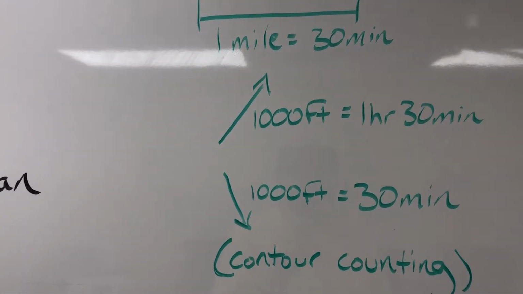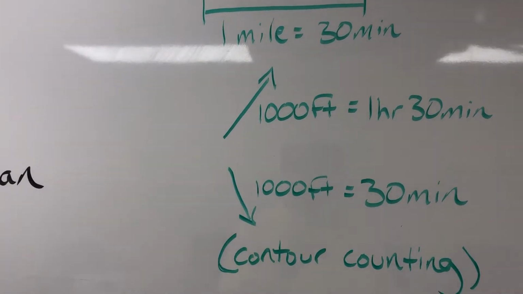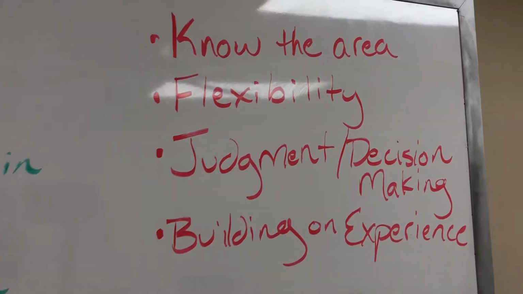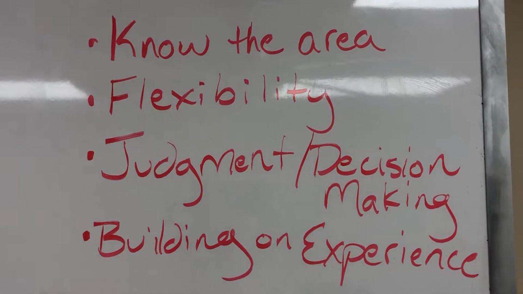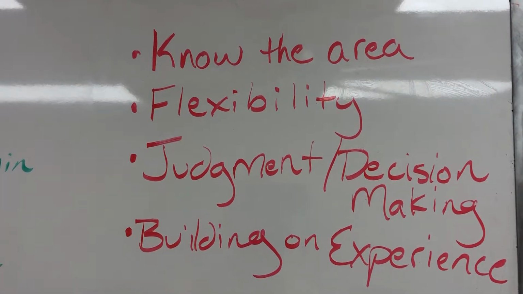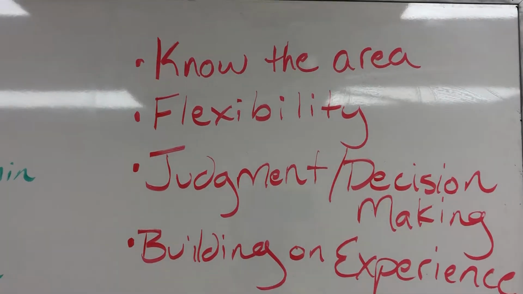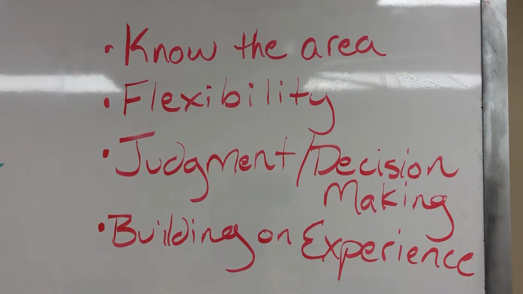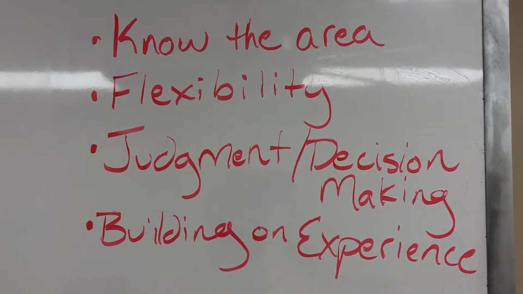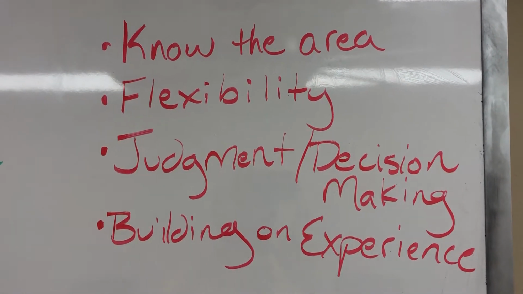Now, other things that will help you in your TEC plan: we want to make sure that we know the area. This may come from reading guidebooks, scouting out the area, and asking people who have been there several times before what's going on. You get that data. That's really good.